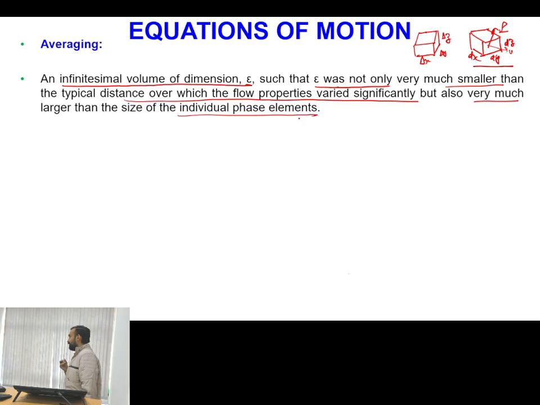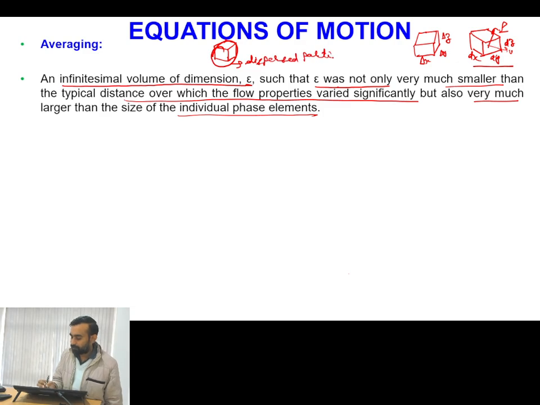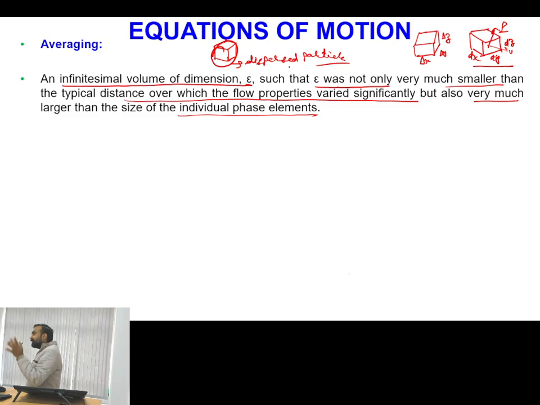What is the meaning of this? The meaning is, if you have taken a control volume, and within this control volume you have only, say, this dispersed particle. In this case my size of control volume is so small that it is not even able to enclose a single particle within it.